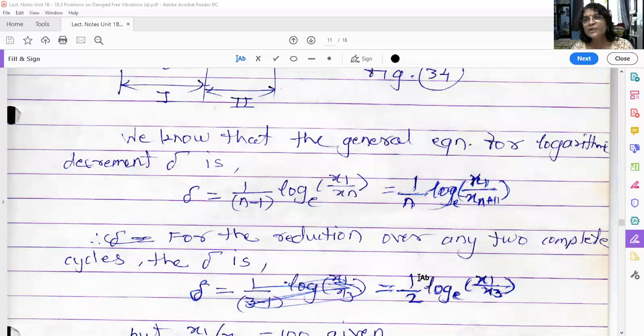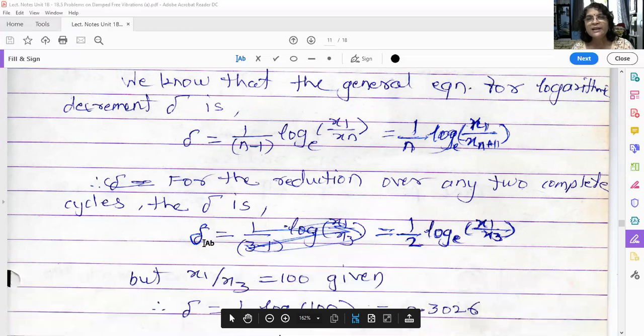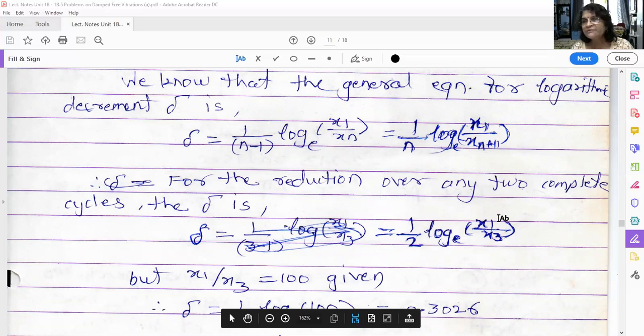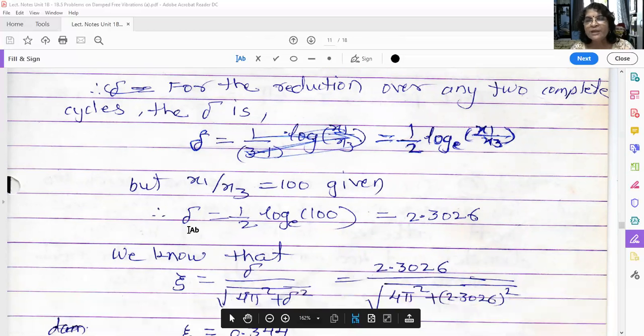Number of cycles is 2, that is 1/2. n is equal to 2, so delta is equal to 1/2 log base e of x1 upon x3. Now x1 upon x3 is given as 100. That means when x1 is equal to 1, x3 is reduced by 100, so it is 100. So delta is equal to 1/2 log base e 100. That is delta is equal to 2.3026.